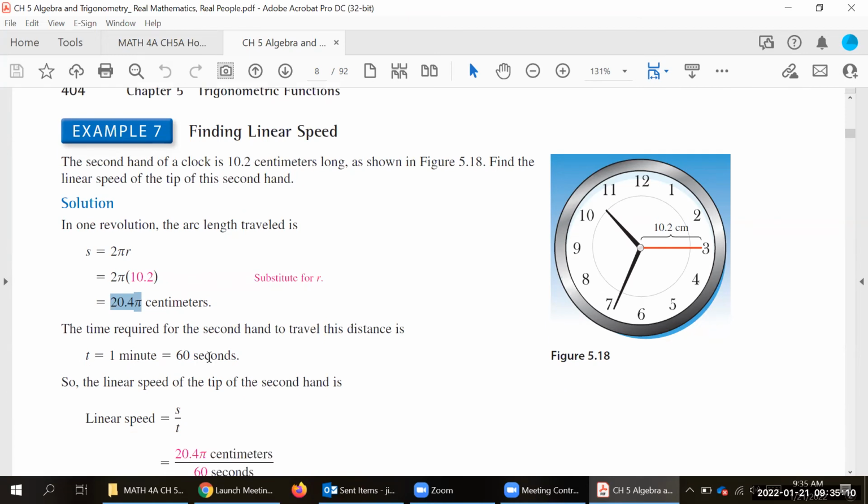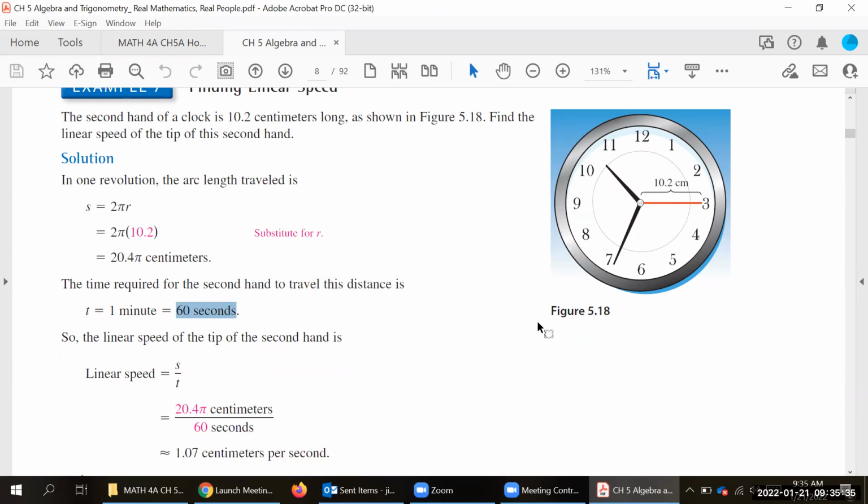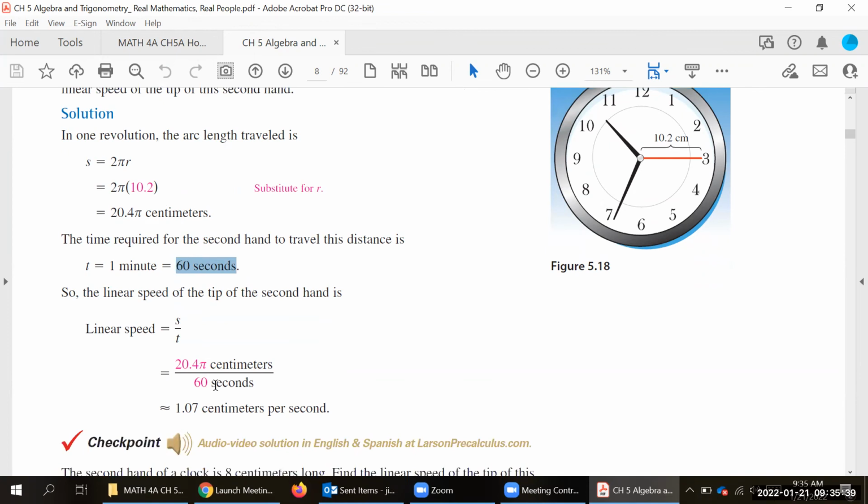So linear speed, distance divided by time. So it's doing 20.4 pi centimeters in 1 minute. Now, 1 minute lasts 60 seconds. So if I ask for distance per second, centimeters per second, then you just put the total number of centimeters over seconds.